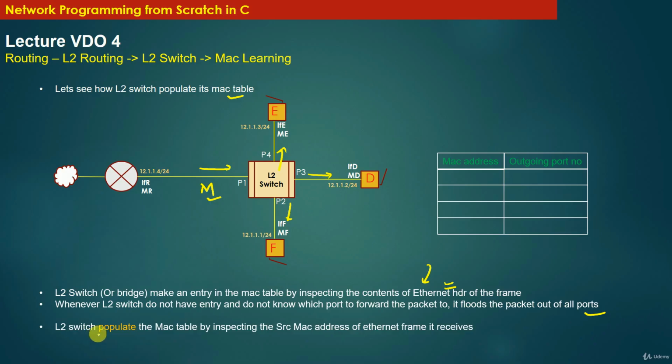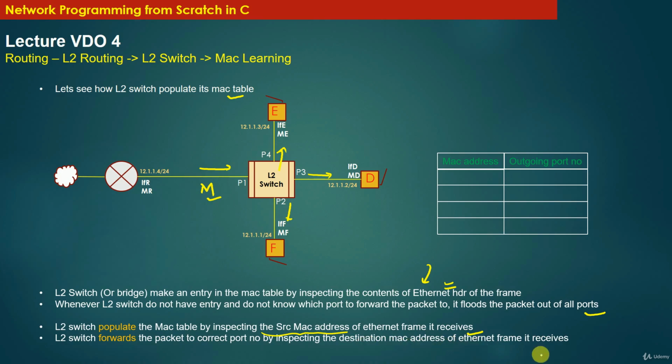The L2 switch populates the MAC table by inspecting the source MAC address specified in the Ethernet header of the frame it receives. And the L2 switch forwards the frame to the correct port number by inspecting the destination MAC address specified in the Ethernet header of the frame it receives.